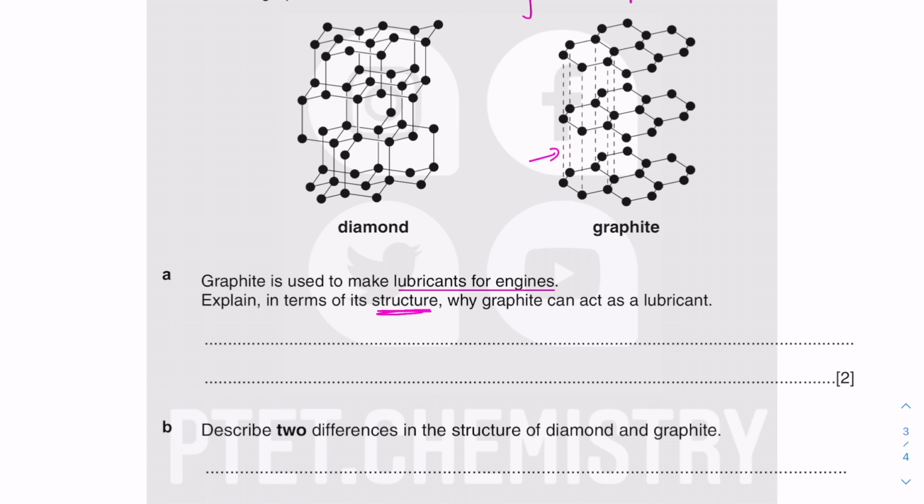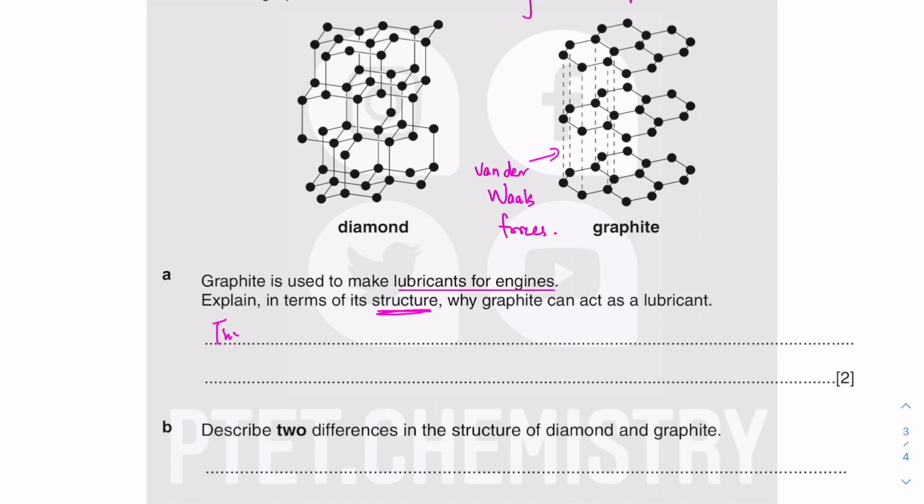So graphite has this layered structure, layered hexagons, where each carbon is bonded to 3 other carbons, and you have these weak intermolecular forces that you call van der Waals. So this is the person's name who discovered and coined this term, force of attraction, van der Waals forces between the layers. And because of the layered structure, you can slide each layer over another layer easily, and therefore they're useful as a lubricant because of the sliding of the layers over each other.